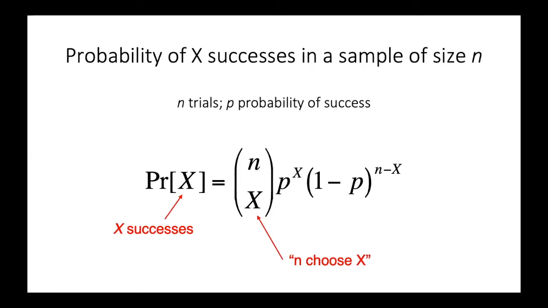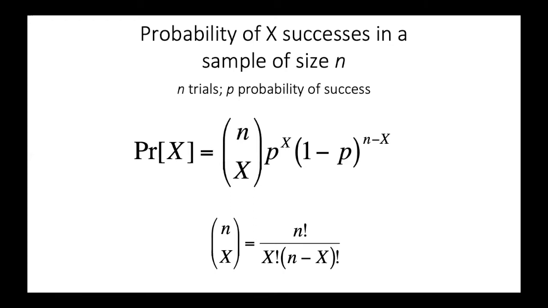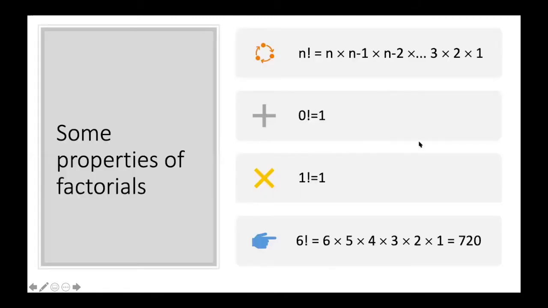So what does this N choose X represent? We calculate N choose X using what are called factorials, where N choose X is equal to N factorial divided by X factorial times N minus X factorial. So what is a factorial?